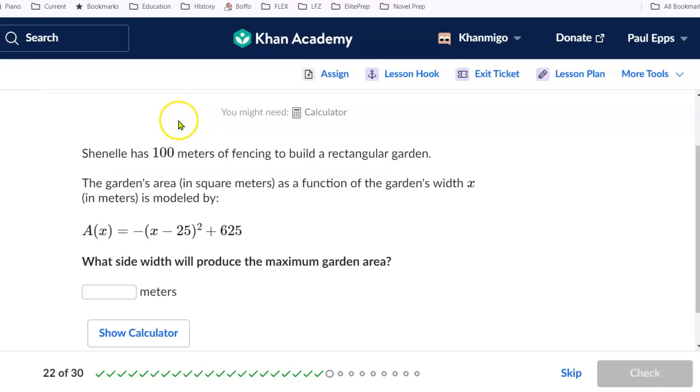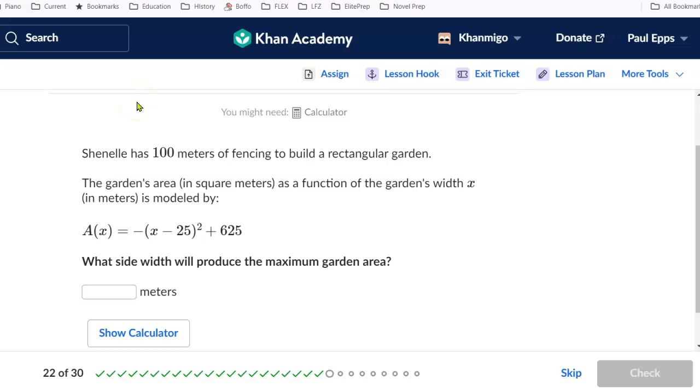Chanel has 100 meters of fencing to build a rectangular garden. The garden's area in square meters as a function of the garden's width, x, in meters, is modeled by area of x equals -(x minus 25) squared plus 625. What side width will produce the maximum garden area? It's kind of an interesting question.